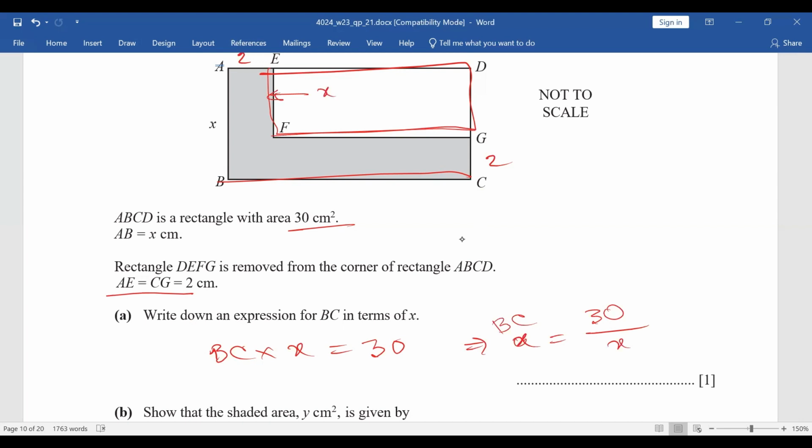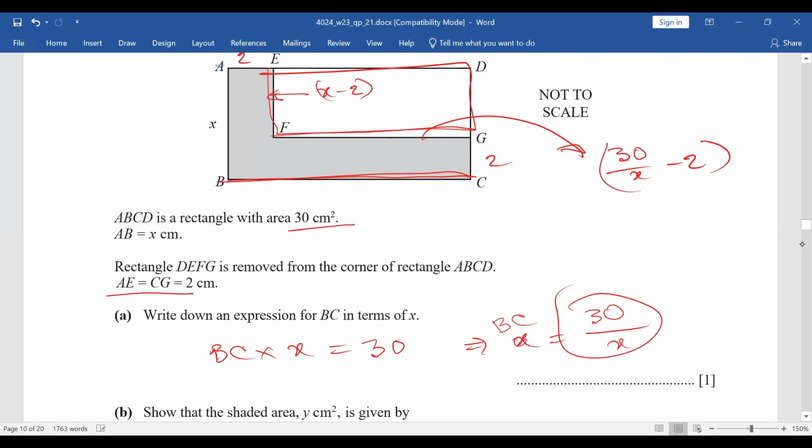So EF equals x minus 2 and FG equals 30 by x minus 2. Why? Because we already expressed BC as 30 by x, and we just remove this length, which is actually 2. So 30 by x minus 2 is the length of FG, and EF is simply x minus 2.